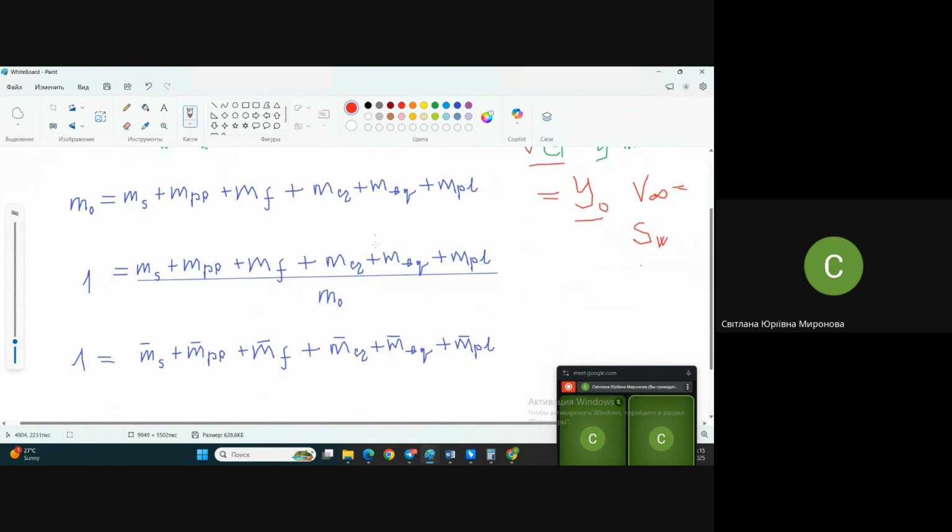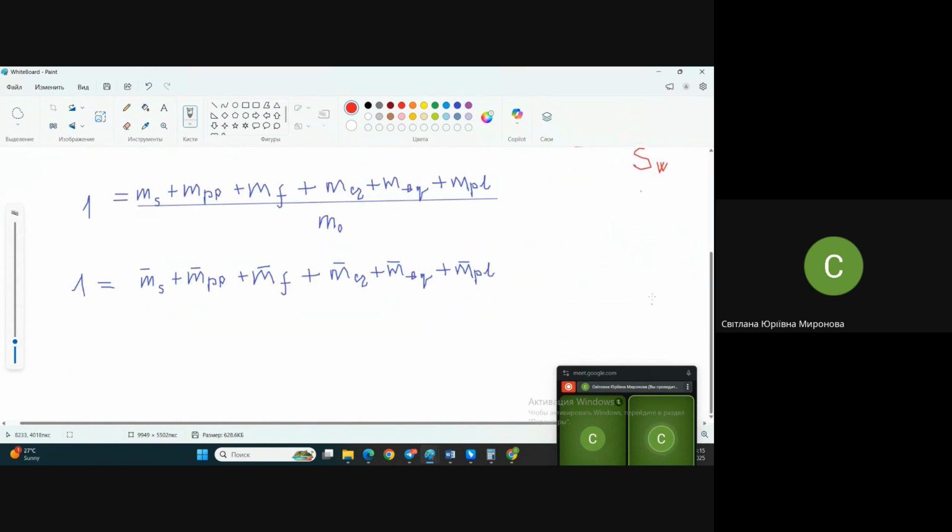But what about these relative values? Let's imagine that we have some blocks I'll draw here, and these blocks symbolize the whole airplane for us, relative weights. Do forgive me, maybe it's a bit long.